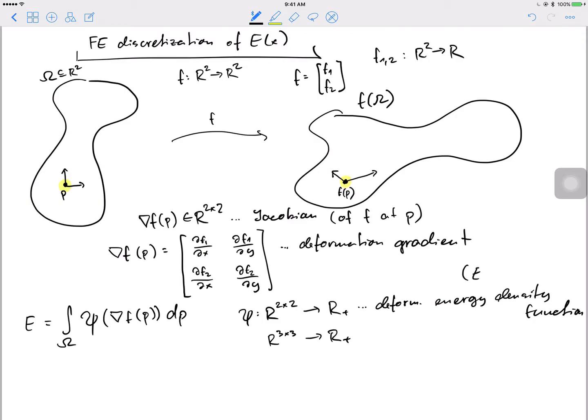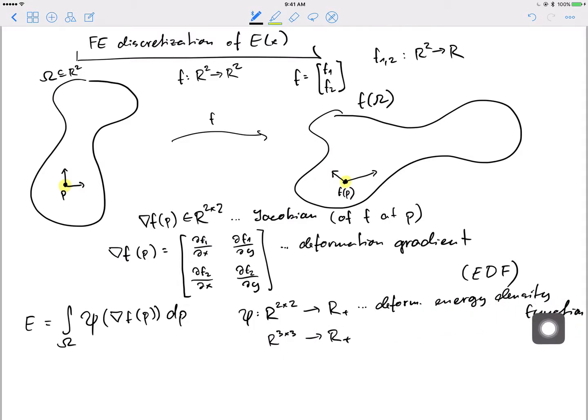Let me call it just EDF. All right, so let's think about this formula for a second. What does that mean? I'm integrating over the entire domain. That makes sense, right? My P's are basically all points from the rest pose domain. At every point, I compute the deformation gradient and feed it through the function psi.